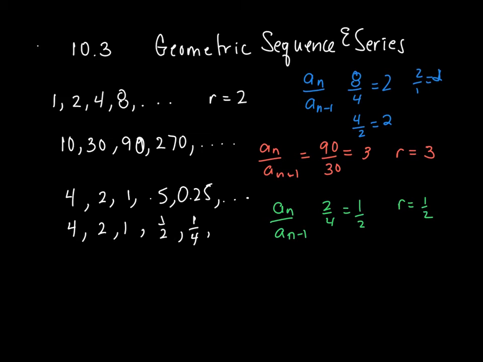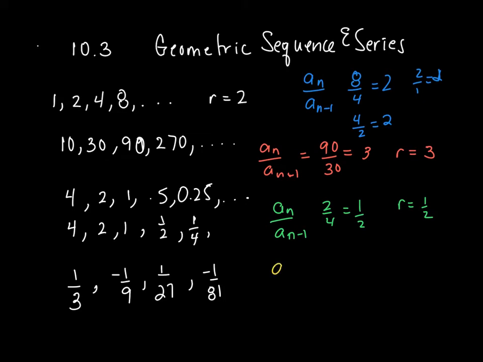Now, sometimes you'll get an alternating sequence as far as signs. So if I have 1/3, negative 1/9, 1/27, negative 1/81, what I mean by this is the sequence alternates between positive and negative. We're still doing the same thing here.